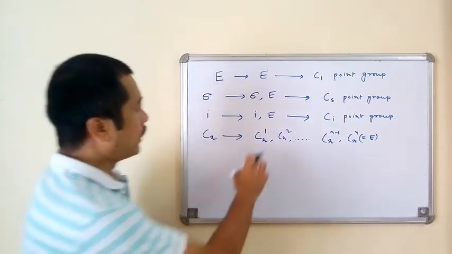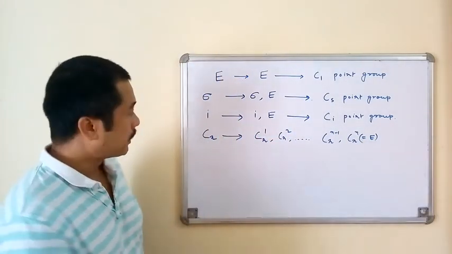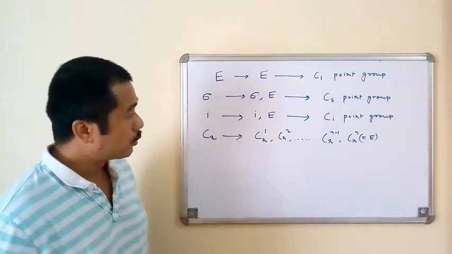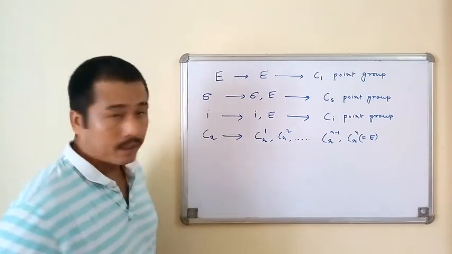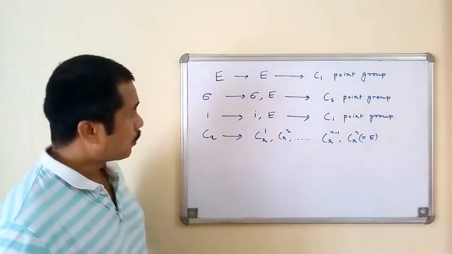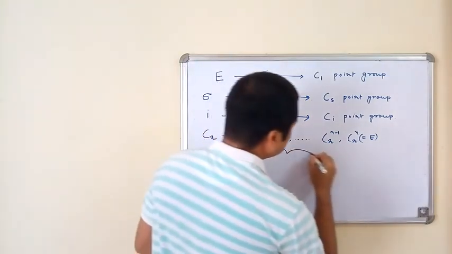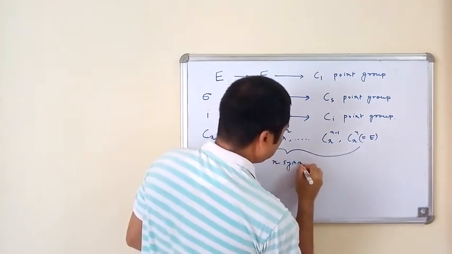So in total, from 1 to n, there are n symmetry operations generated by this proper axis of symmetry. So the group formed by symmetry operations generated by a proper axis of symmetry will be of order n, as n symmetry operations are there in total.